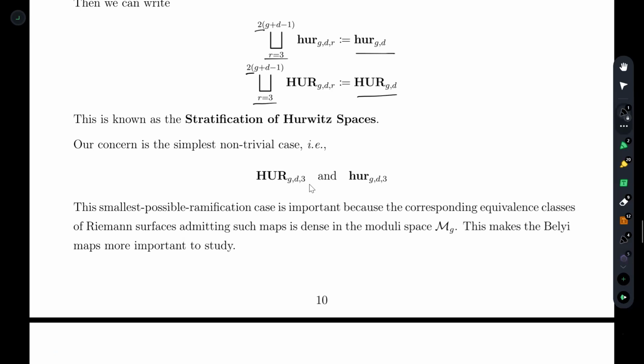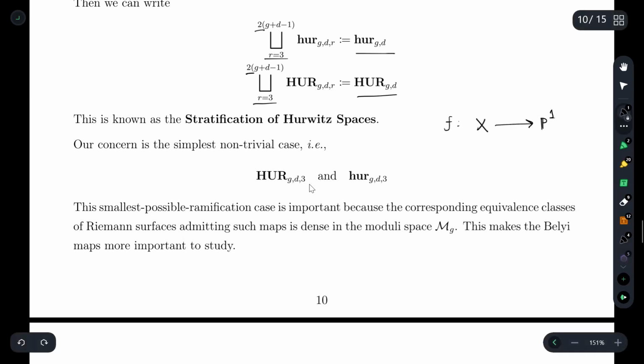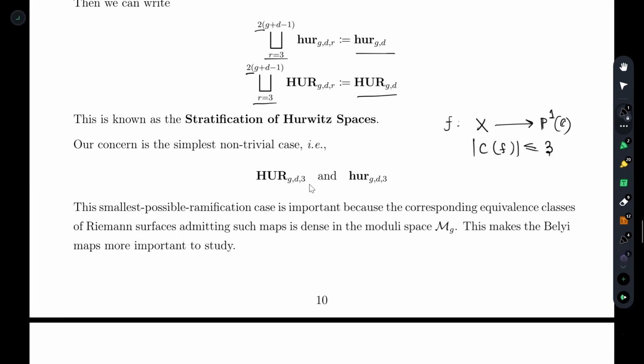And it is another deep theorem that the equivalence classes of Riemann surfaces X which admit a function from X to P1C such that the number of critical values of f is less than or equal to 3 form a subset of the moduli space, that is the set of all equivalence classes of Riemann surfaces of genus g.